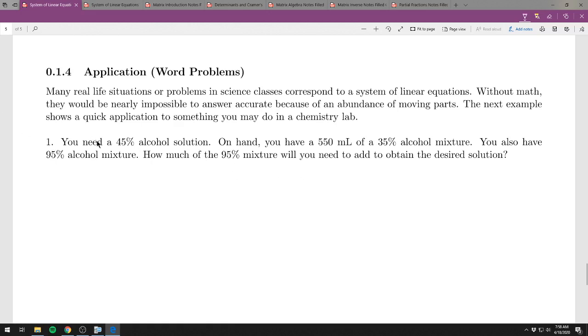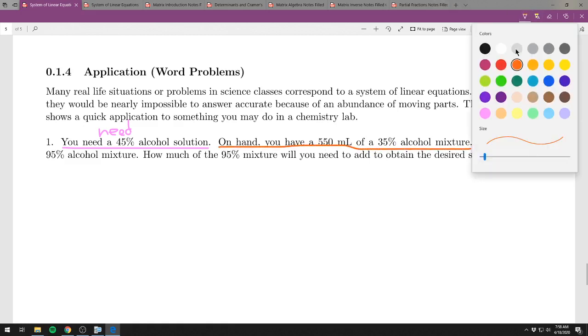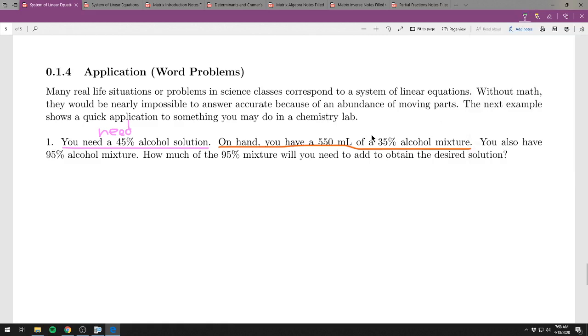Right, so it says you need a 45% alcohol solution. This is what we need. Keep that in mind. And on hand, you have 550 milliliters of a 35% alcohol mixture. So we're told one thing. We have an alcohol mixture that has 550 milliliters.